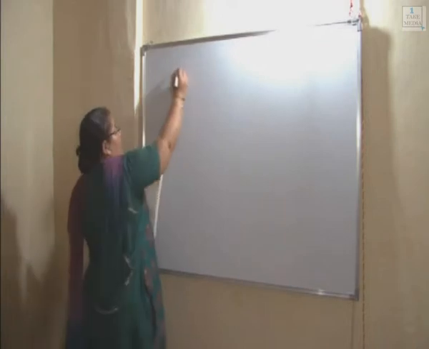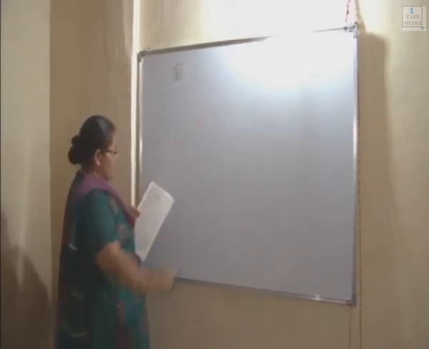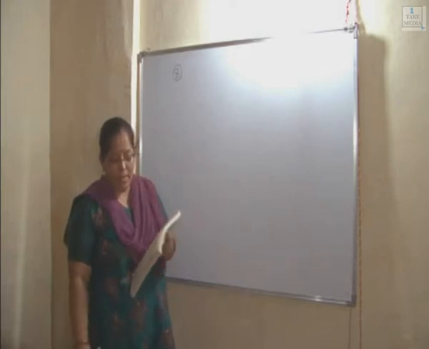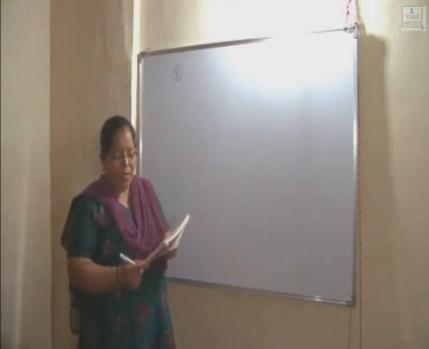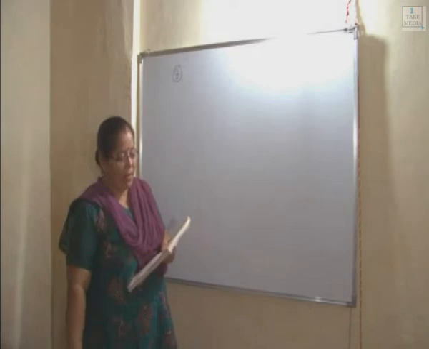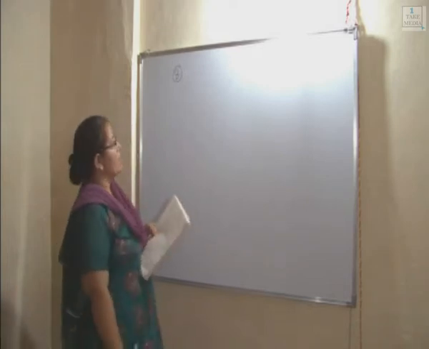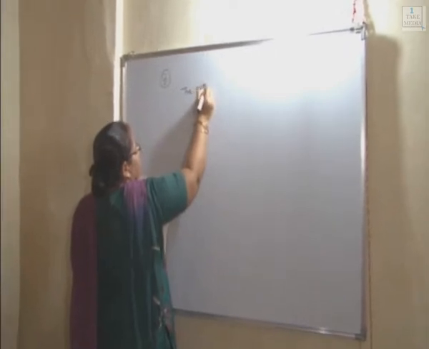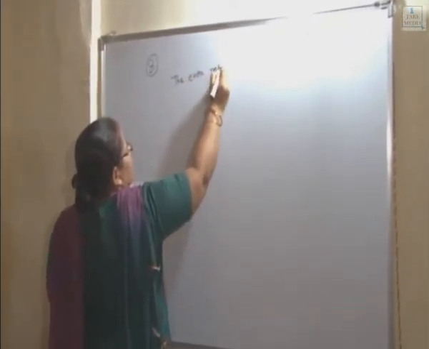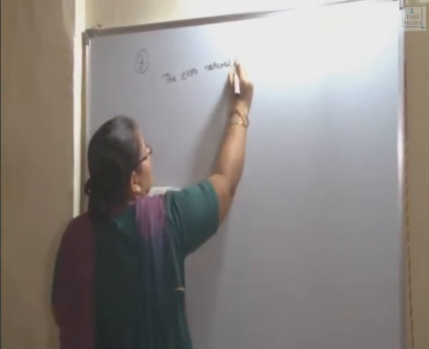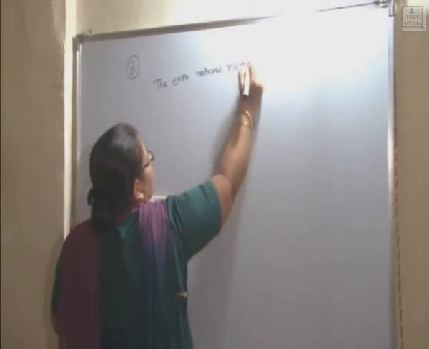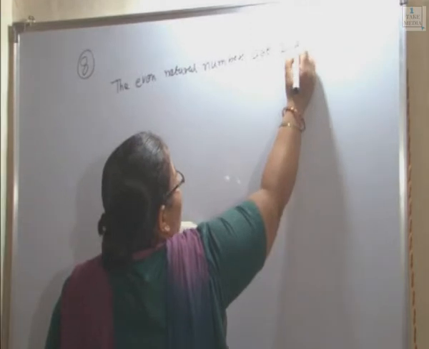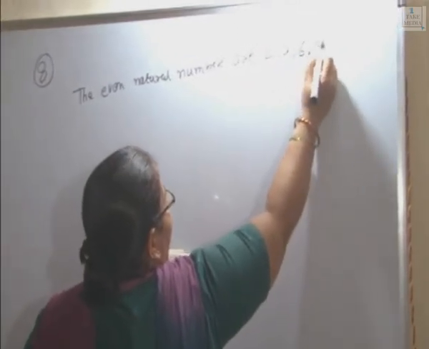Start the question 8. The question is: find the sum of the first n natural numbers, hence find the sum of the first 20 even natural numbers. The even natural numbers are 2, 4, 6, 8.